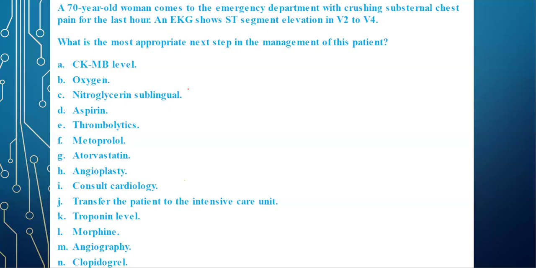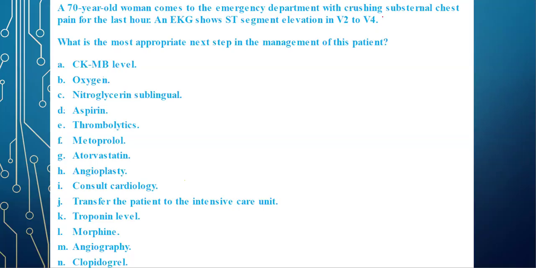Coming to the questions, and then we will move on a little bit more. Yes, we will give aspirin to any acute coronary syndrome patient. That includes non-ST elevated MI, unstable angina and ST elevated MI. Let's see this question.